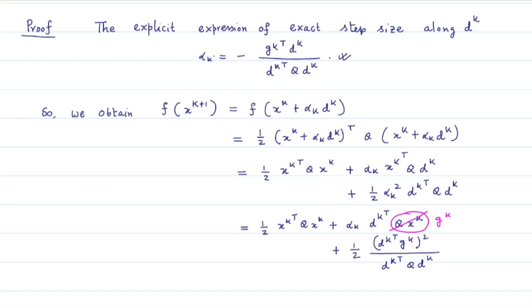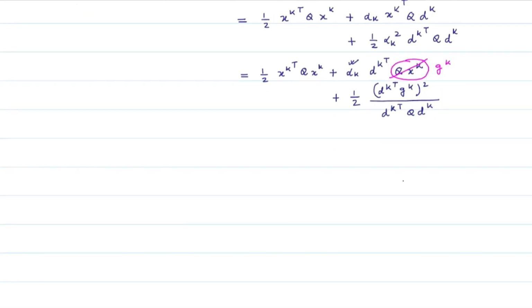Now we employ this expression of alpha_k once more over here, and we end up with half of x_k transpose Q x_k minus half of (d_k transpose g_k) square divided by d_k transpose Q d_k.